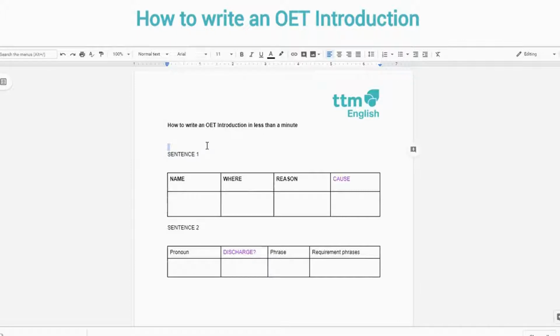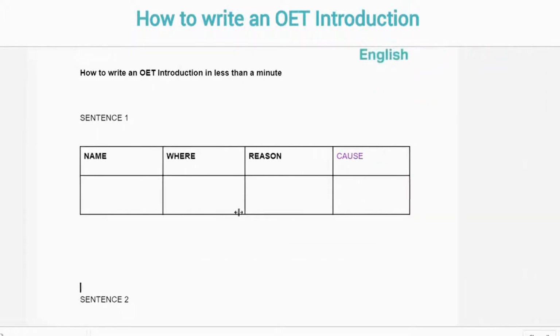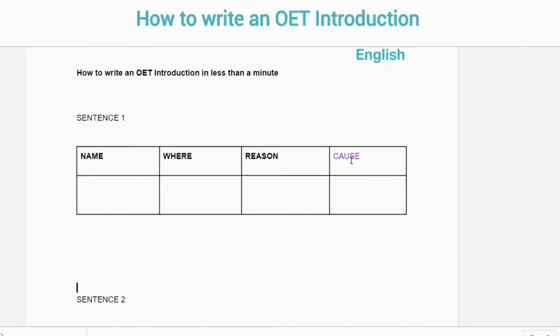So we know there are 2 sentences in your OET introduction. And I've got this table here which explains the 4 things that you need. You need to tell me the name. You need to tell me where the patient has gone.